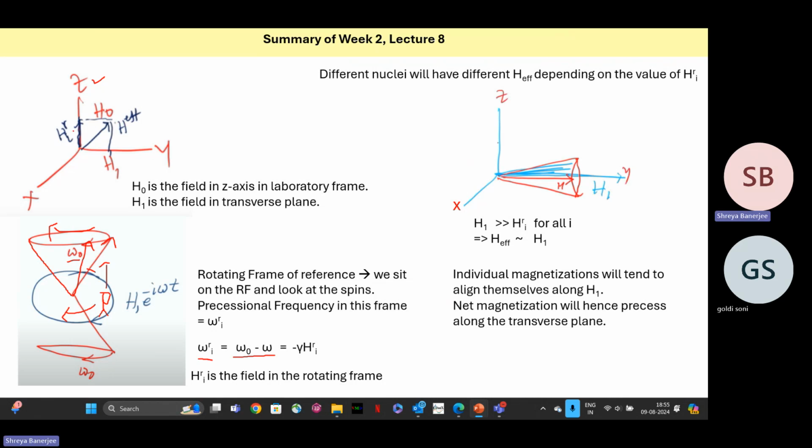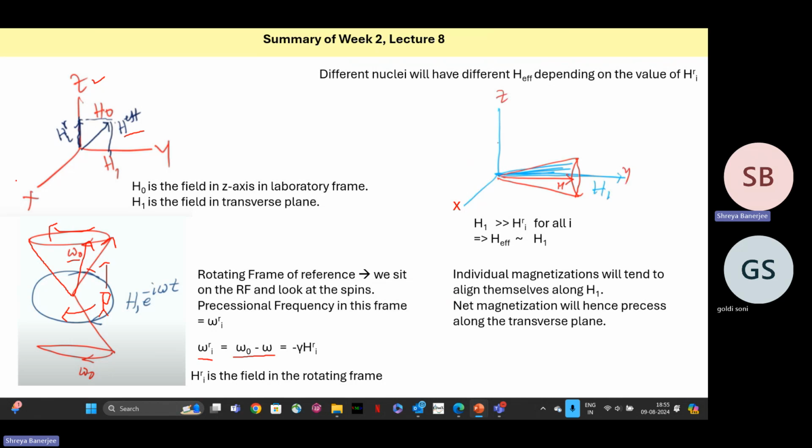The H effective is basically the effective magnetic field experienced after the pulse is applied, and different nuclei will have different H effective depending on the value of their Larmor frequency.